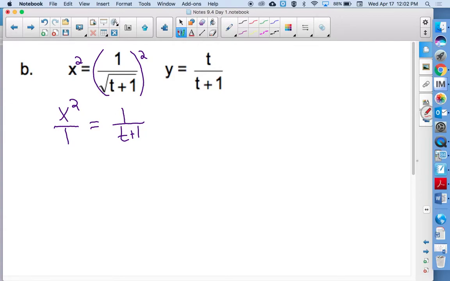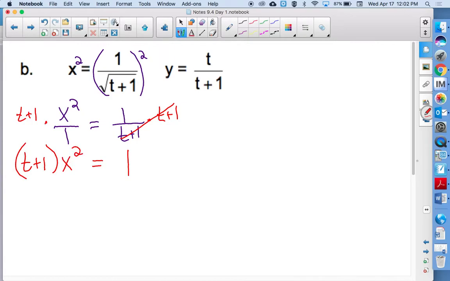Okay, so I think maybe. So we want to get that out of the denominator. So we could multiply both sides by it. So those cancel and give us a 1. On this side, we have t plus 1 times x squared.